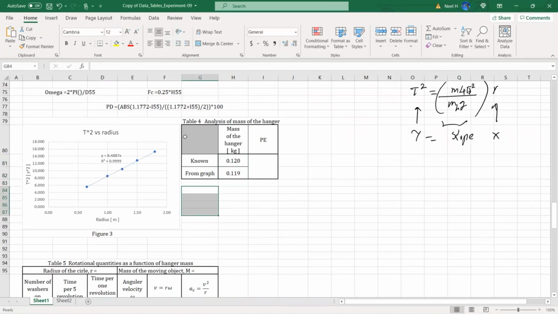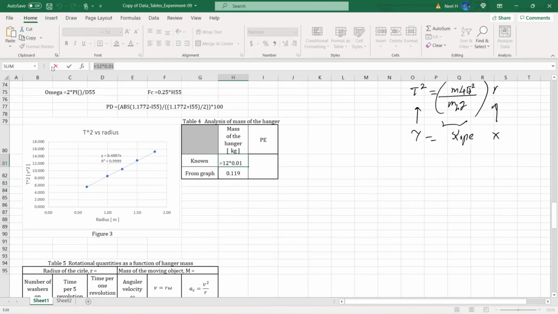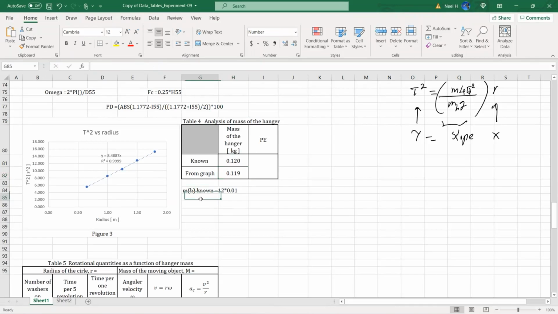Okay. Let's add those functions here. Let's see, the mass known value, m_h known value, and m_h calculated from the slope, from the graph, and then we'll compare those two.